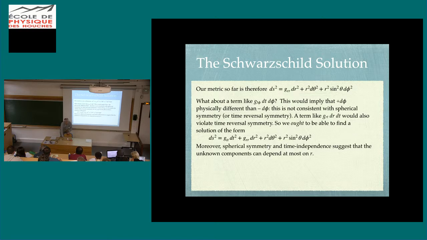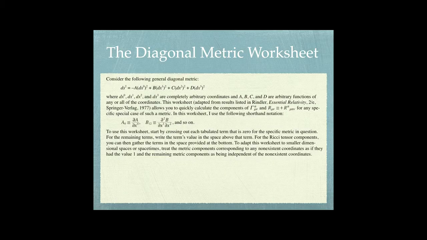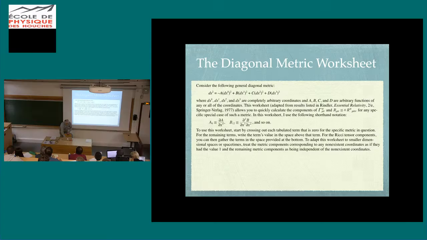So it's really a low-tech solution, but a useful solution, and that is something I call the diagonal metric worksheet. So if you have a diagonal metric, A, B, C, D, these A, B, C, D can depend on any coordinates, and I'm just numbering them 0 through 3.